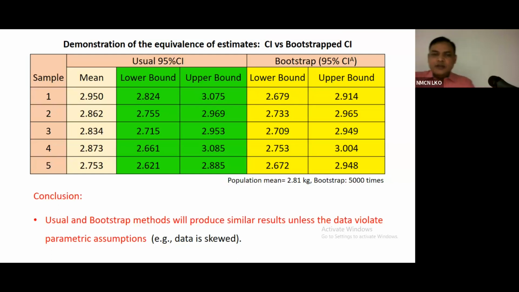From this we conclude that the usual and bootstrap methods will produce a similar result unless the data violate parametric assumptions. If our population is normal and we take a sample from it which is also normal, we can estimate the confidence interval either through the usual method or the bootstrap method, and both will produce similar results.